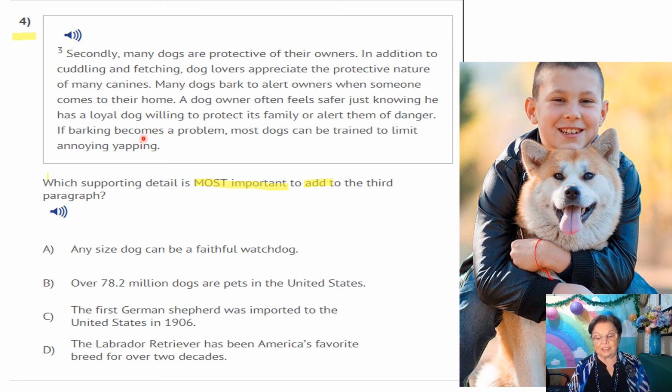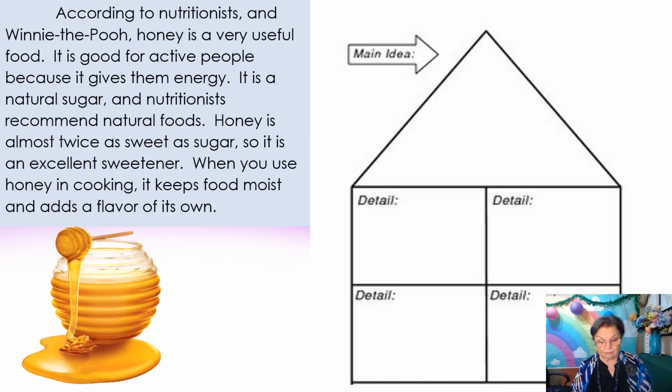So let's look at these sentences. This paragraph is about dogs that protect their owners. Oh great, now it's not going to let me go back, is it?